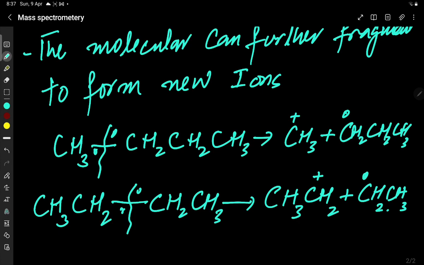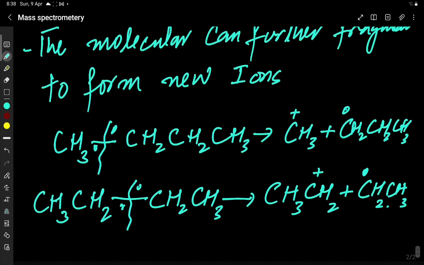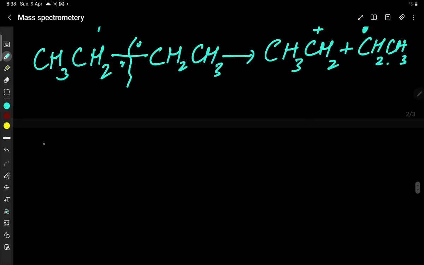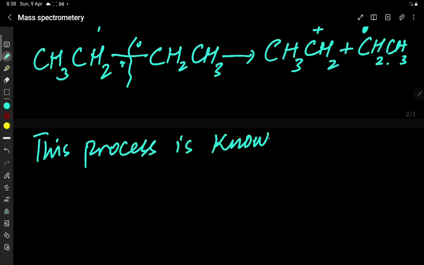So this is how molecules can separate into different ions, and this process is known as fragmentation of the molecule.